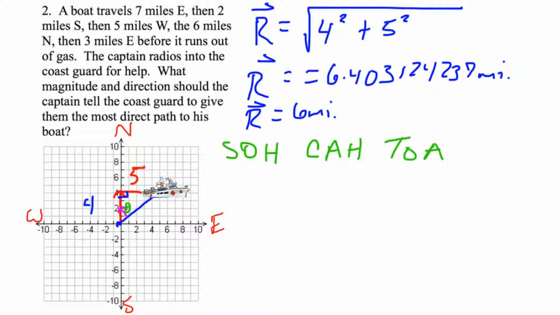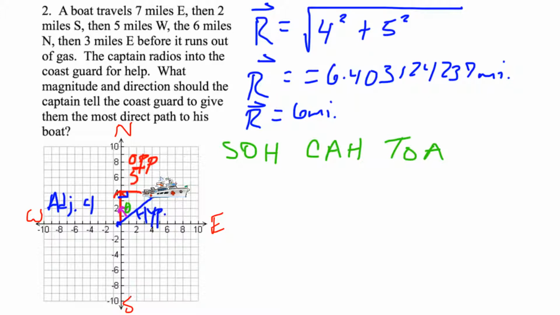We need to name our triangle. We've got this as the opposite side, so we can write that up here. And we have this as our adjacent side, so we can put that in there. We've already found the hypotenuse.